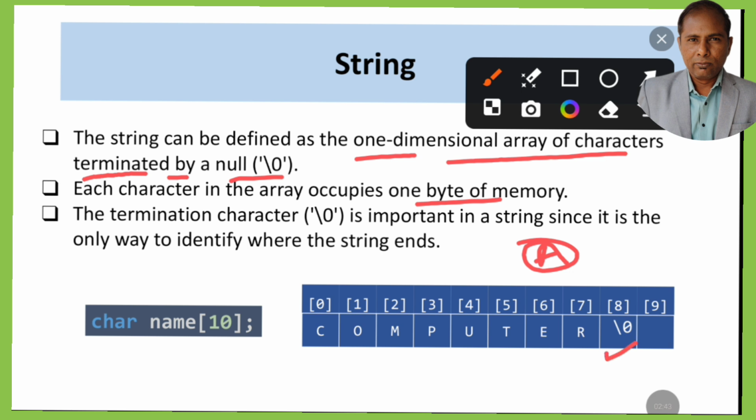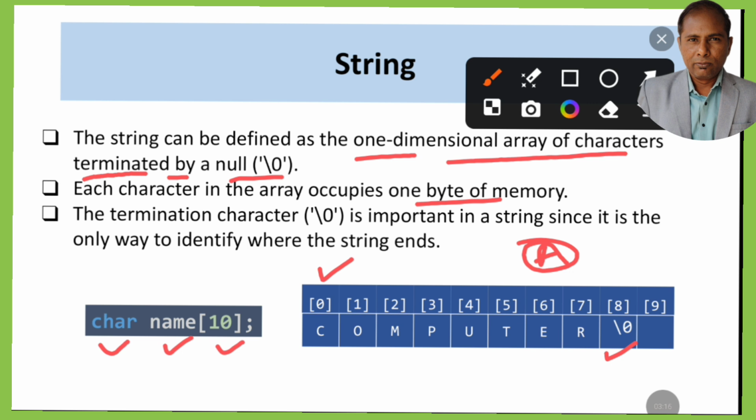Then how do we declare the string? We write char, then the name of the string, and then the size of the string. It will automatically be taken as a one dimensional array. If we are writing computer, it will start indexing from 0, and it will end with \0, that is the null or termination character.